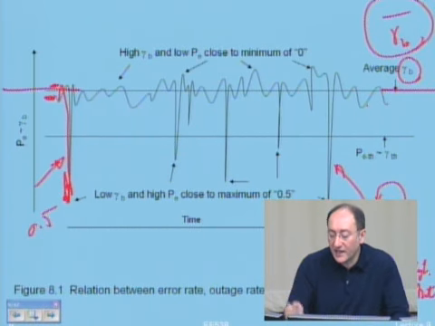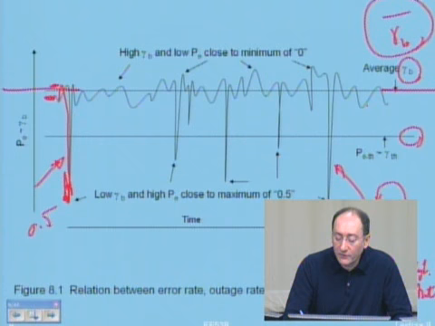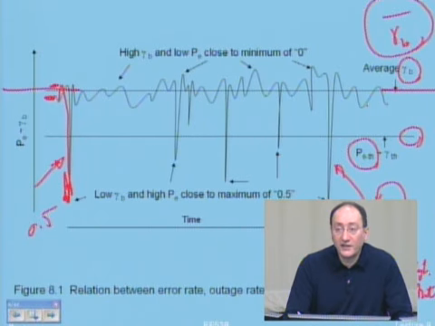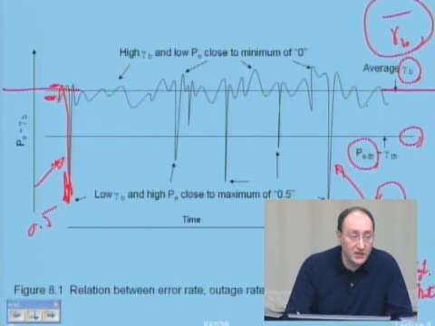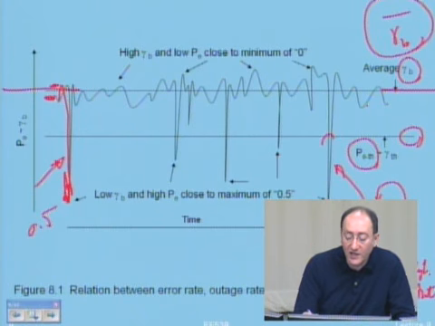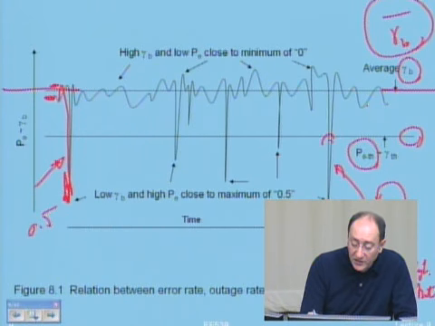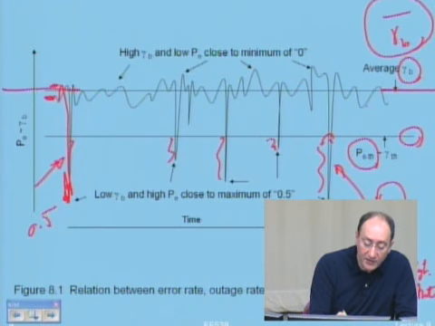Probability of outage is that I assume there is a threshold for error rate, like let's say 10 to the minus 5. Okay? Anytime that my probability of error goes above 10 to the minus 5, I say that I'm in outage. And then what I do, I calculate the probability of being in outage. Means probability of being in here, or here, here, here, here.